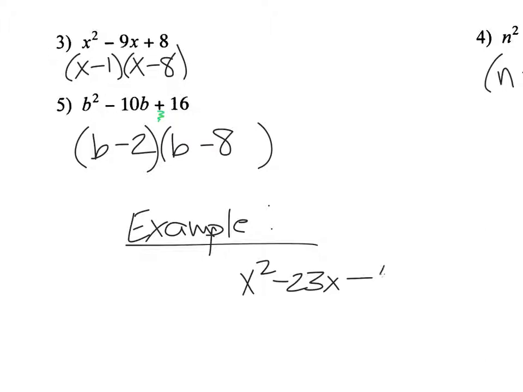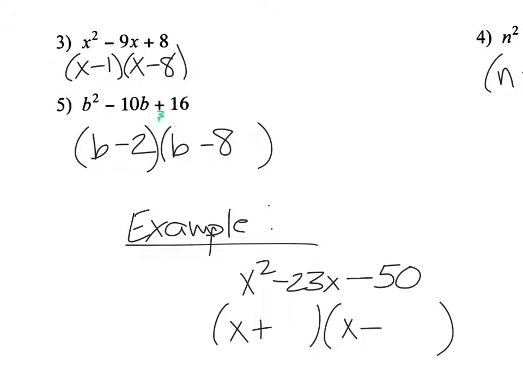All right, let's do this. First thing, it's x squared, so let's do our parentheses, x and x. Since it's subtract, that means my signs are different. So one's a plus, one's a minus. Now all I have to do is figure out my factors.